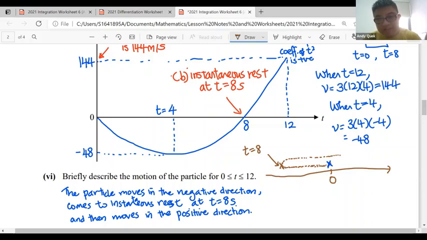Question mark. All right. And then it starts to turn around. But I drew it in a way where I wasn't really sure how far it went. Where did it stop? Which point was it at when t equals 12? We are interested only in 12 seconds.